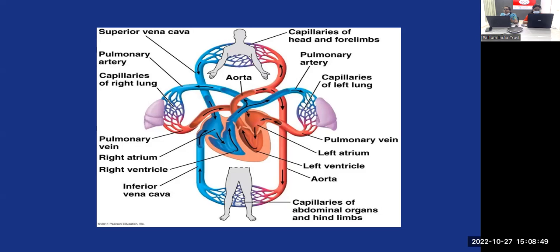From the right ventricle, with the help of the pulmonary artery, it goes to the right and left lungs for purifying the blood. You can see that purification is happening in the lungs.